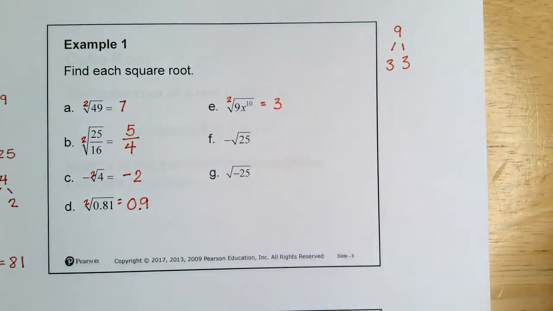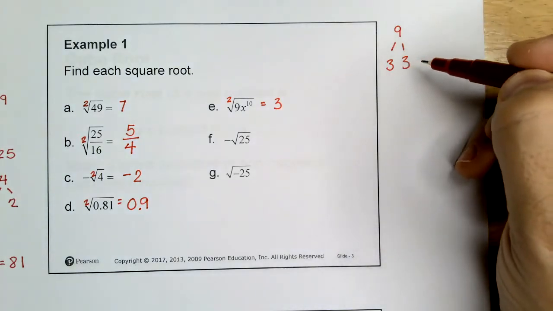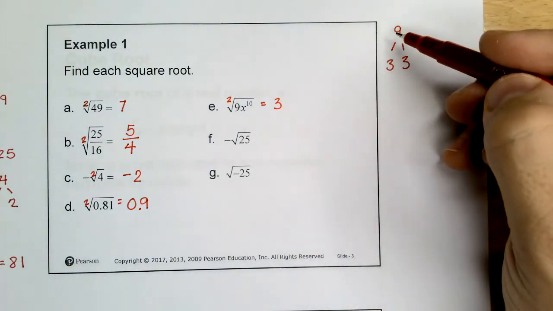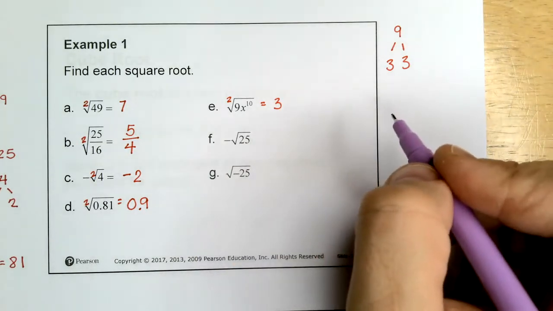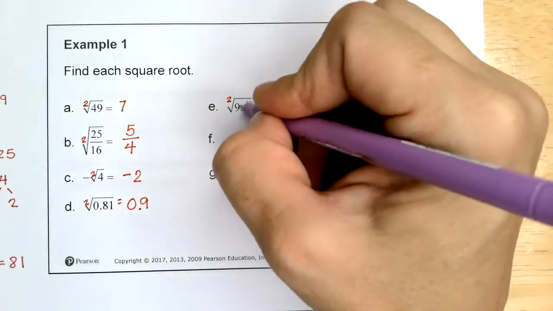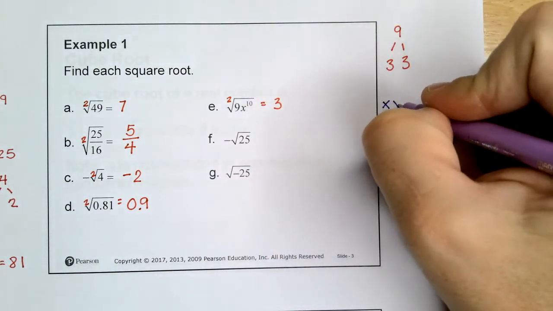What about the variable? We can always break down the radicals using a factor tree because that means we multiplied these two to get that one, right? So what do we need to multiply to get x to the 10th? We don't know what x is, so the only thing we have are x's, right? To get x to the 10th, I multiply x 10 times, right?